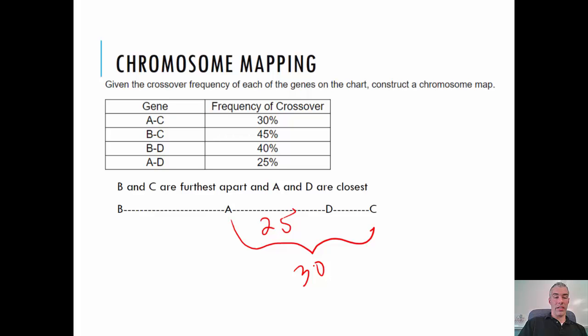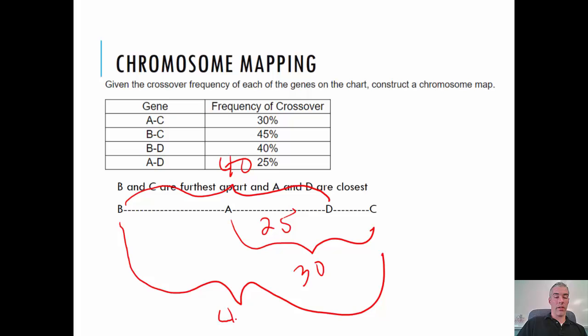Let's see, B and D, I'm going to go up to these words real quick, are 40. And B and C overall are 45.